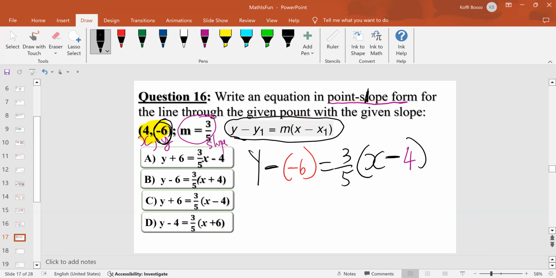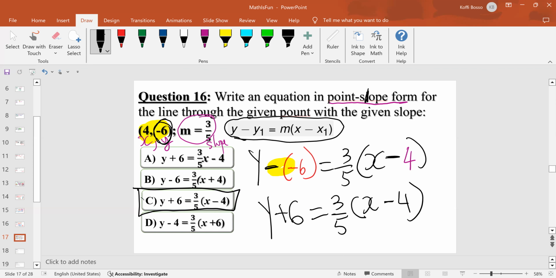You close it. Now to clean it, you have to understand that the two negative signs here will turn to what? Positive. So my answer is y plus 6 is equal to 3/5 parenthesis x minus 4.